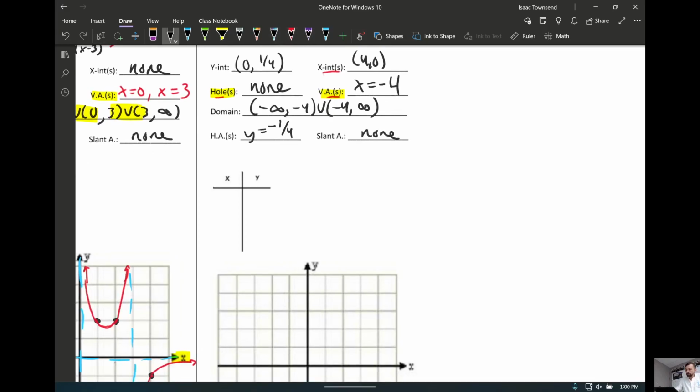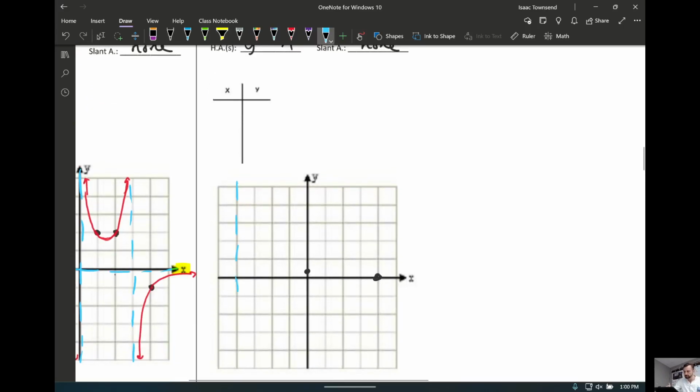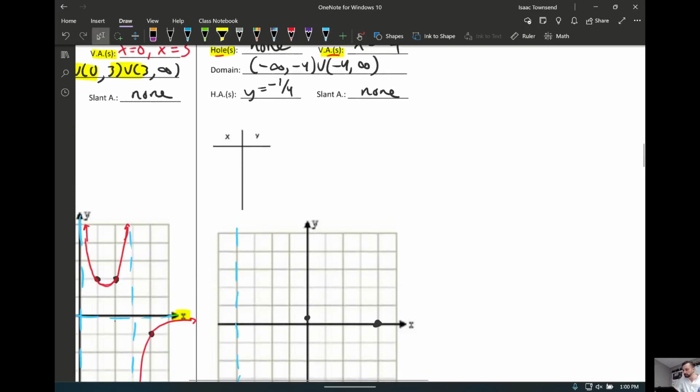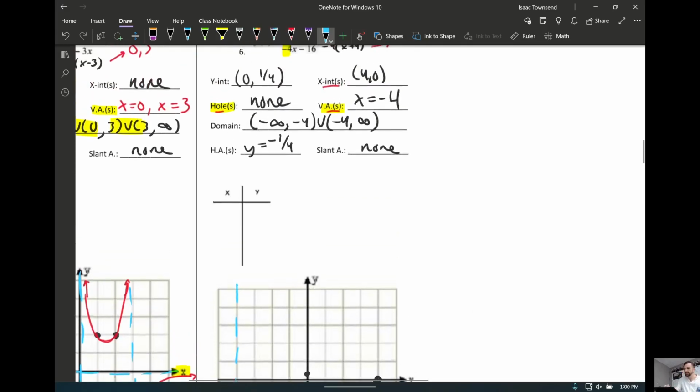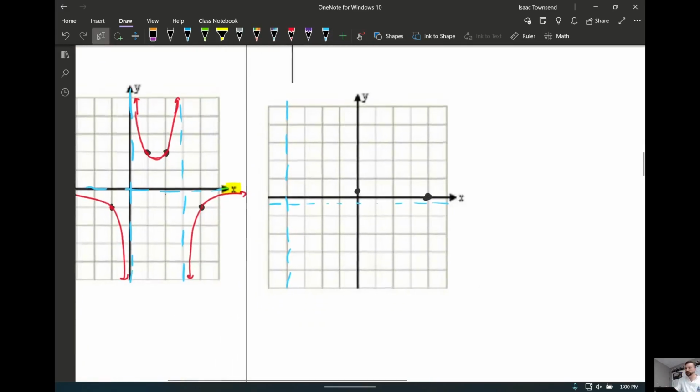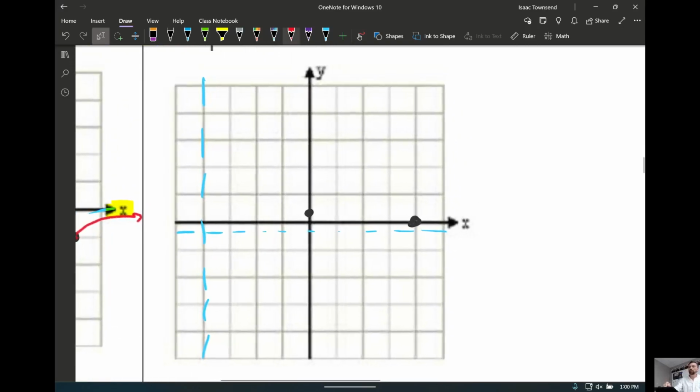All right, we throw on the y-intercept, the x-intercept, a dashed line for the vertical asymptote, and a dashed line for the horizontal asymptote. Looks like that's all the information I have to go with. Sometimes more points are good, but I think we're good to go because these have to be connected.